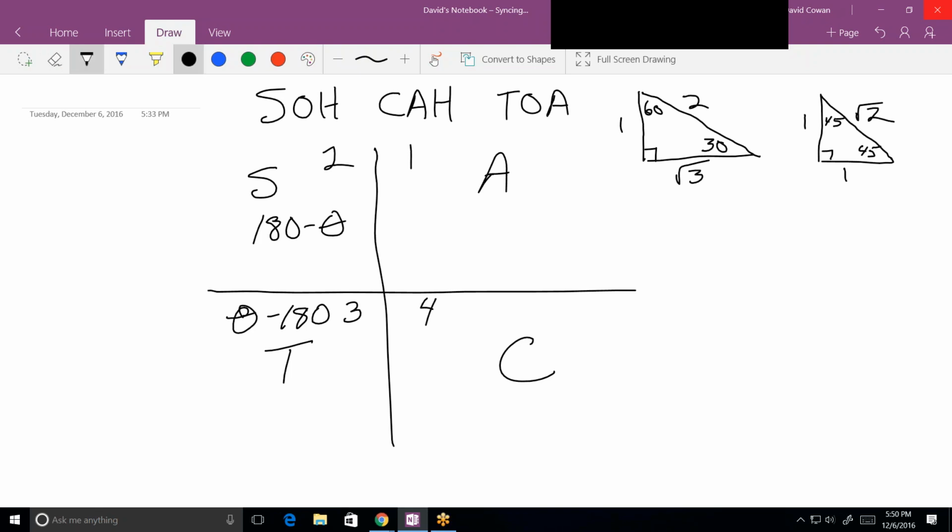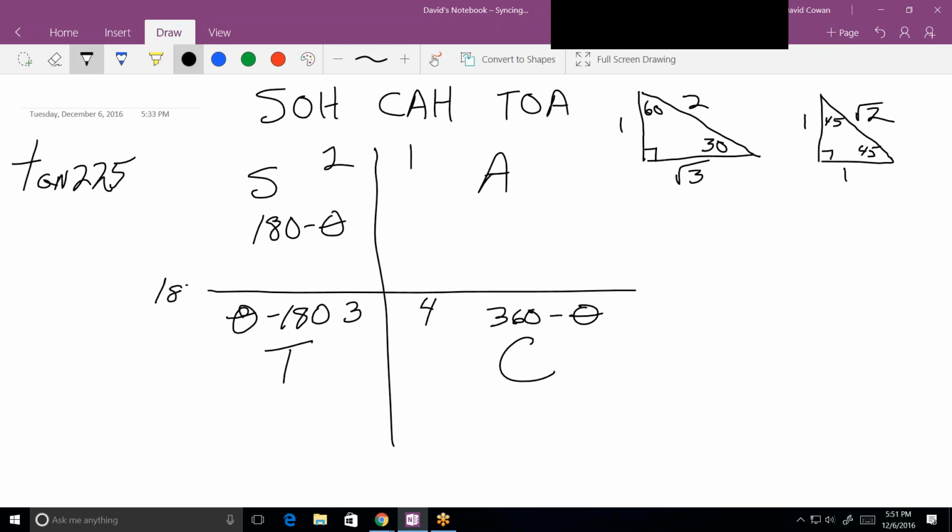Now, there's one last thing. In the fourth quadrant, it's 360 minus theta. Okay? So tell me what the tangent of 225 is. First of all, identify the quadrant. What quadrant is 225 in? Third.